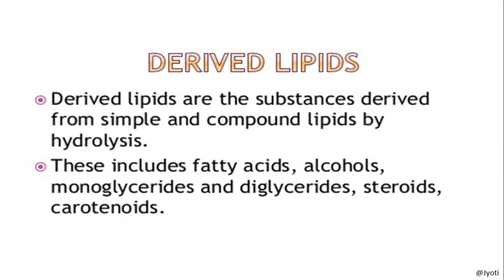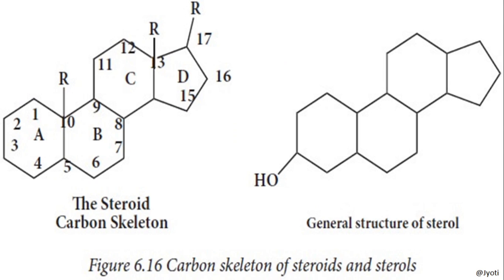Then derived lipids. The derived lipids are the substances which are derived from simple and compound lipids by hydrolysis, by breakdown of the simple and compound lipids. It includes fatty acids, alcohols, monoglycerides, diglycerides and steroids. So this is one example of a derived lipid, which, as I have told you, has a ringed structure.